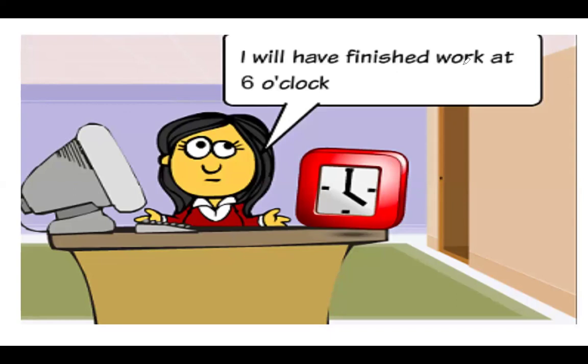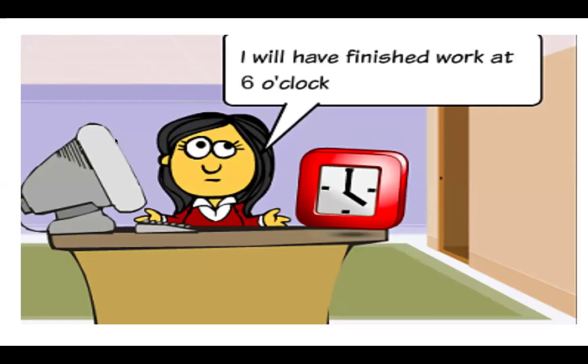You have given a kind of time limit or deadline, that by 6 o'clock I will have finished my work, or my work will have been finished at that time, isn't it?